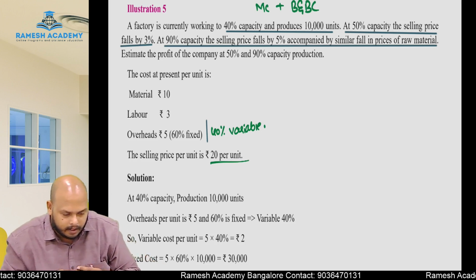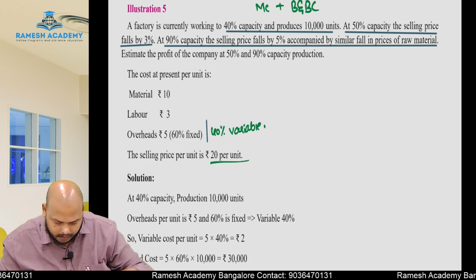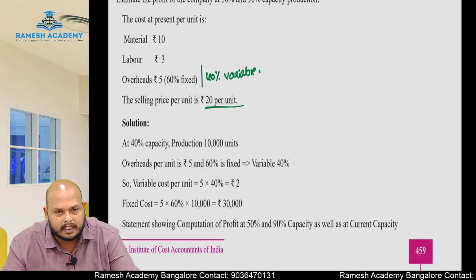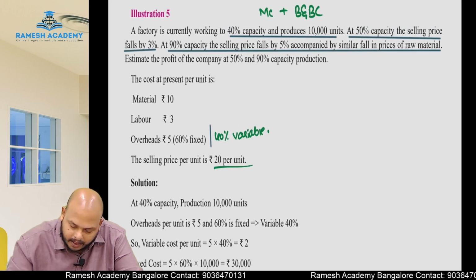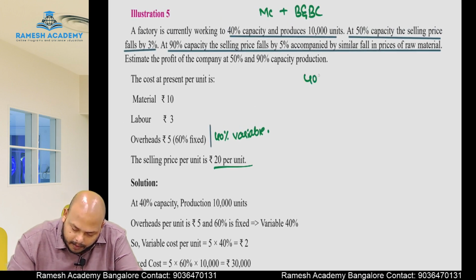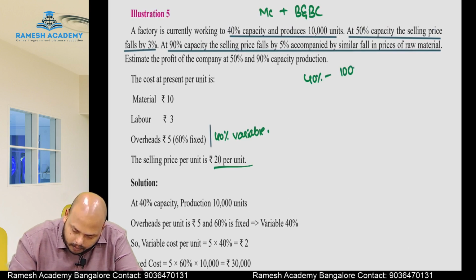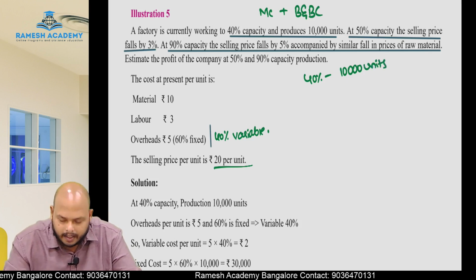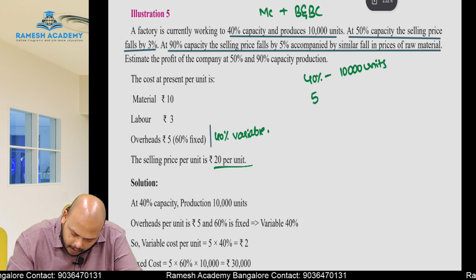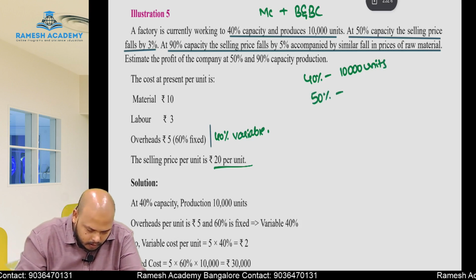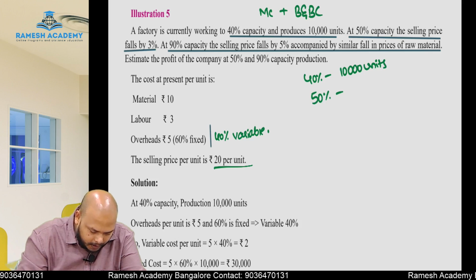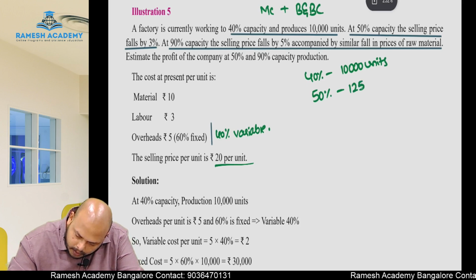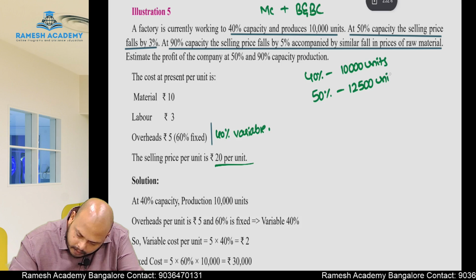Okay. See in the given question, first we have to calculate the number of units at 50% and 90%. At 40%, how many units did they give? 10,000 units. Then at 50%, it will be how much? 10,000 divided by 40 into 50, that is 12,500 units.